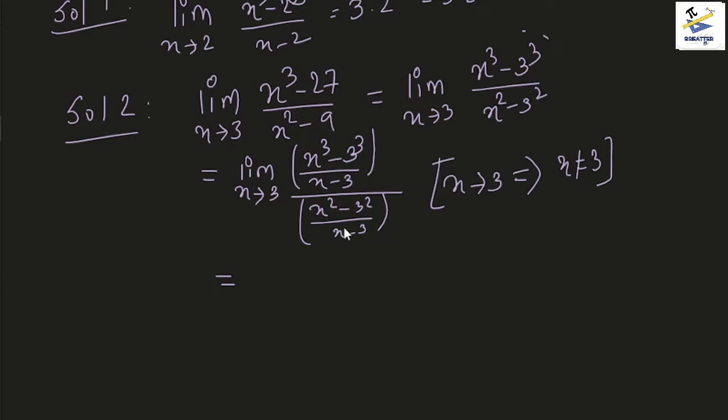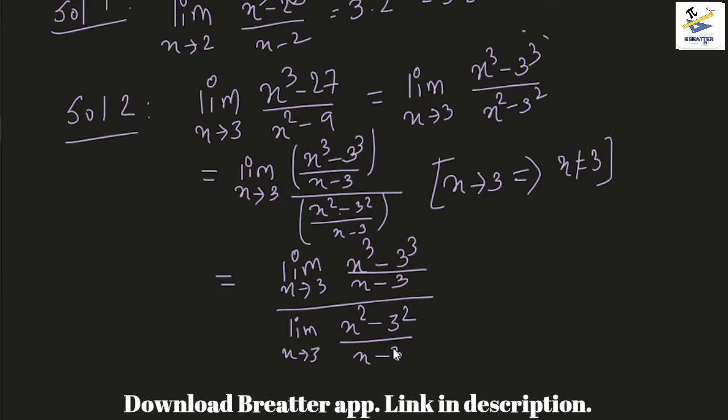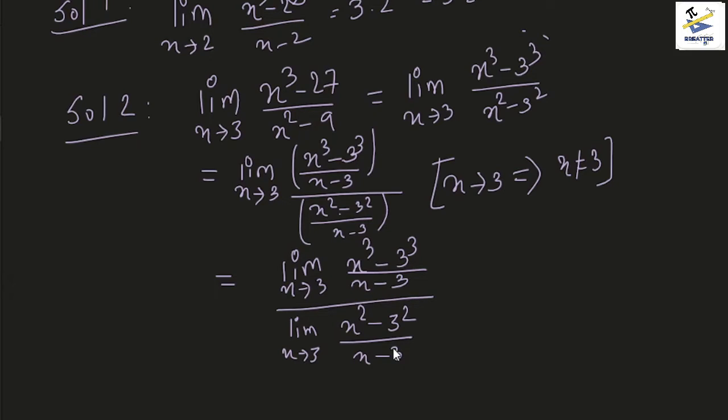So basically, since both of these limits exist, it can be written like this: limit x tends to 3, x cube minus 3 cube divided by x minus 3, whole divided by limit x tends to 3, x square minus 3 square divided by x minus 3, right?